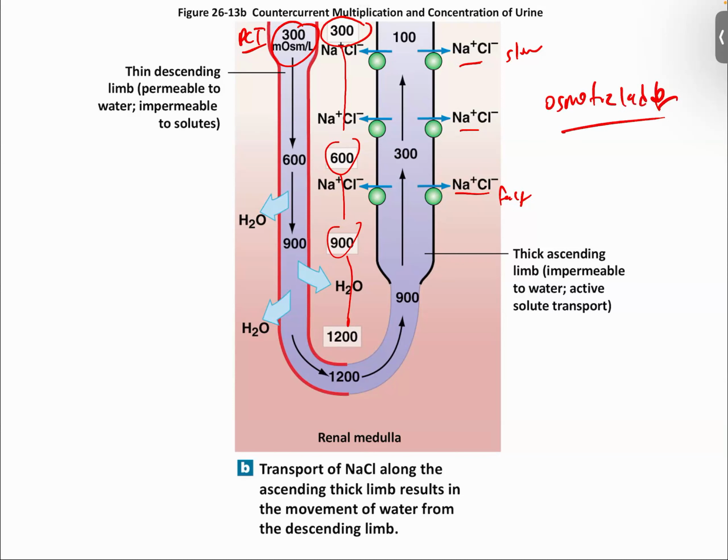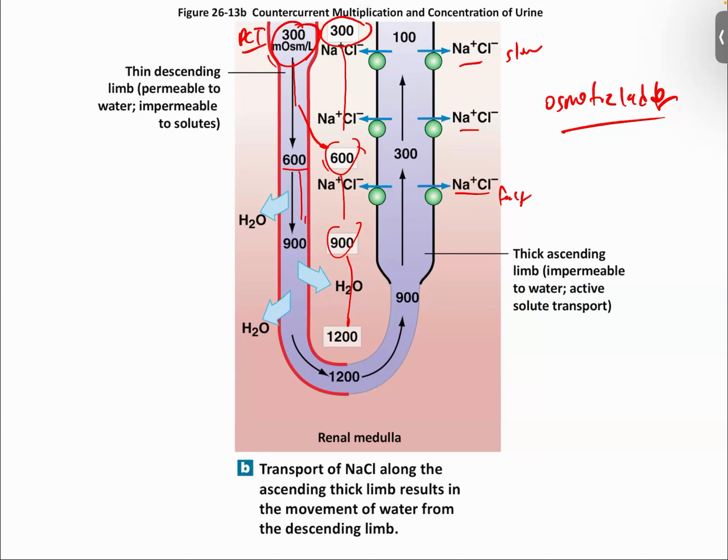Now, let's see what the consequences are on the descending limb. We know that it's permeable to water and impermeable to solutes. So as this 300 milliosmoles comes into the descending loop, what's going to happen is basically just osmosis. As your 300 milliosmoles gets into the area where the outside is 600, by osmosis the natural flow of water is going to go where? It's going to go out, right? So it leaves the tubule until your internal concentration becomes the same as the external, 600. But you still move down.